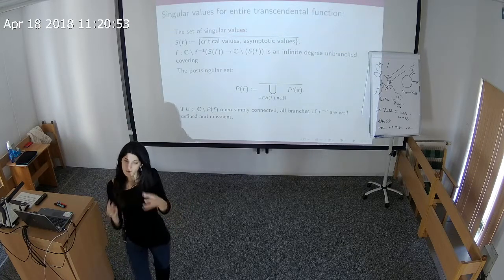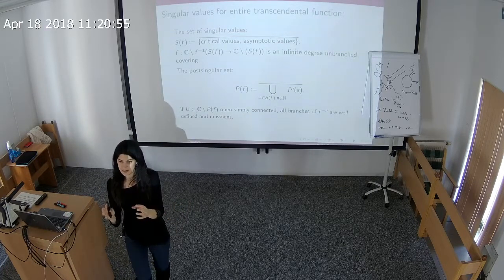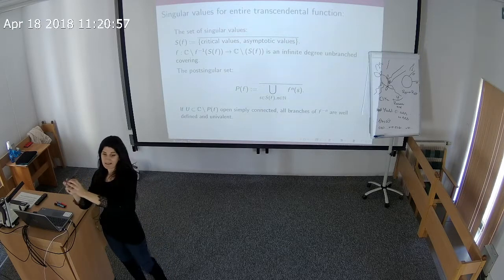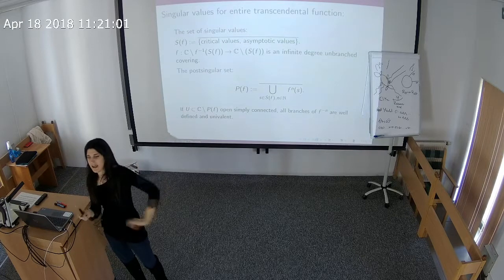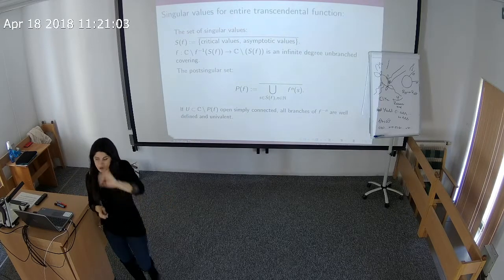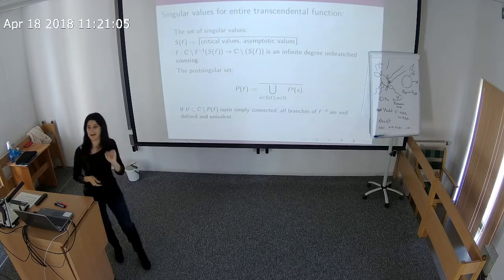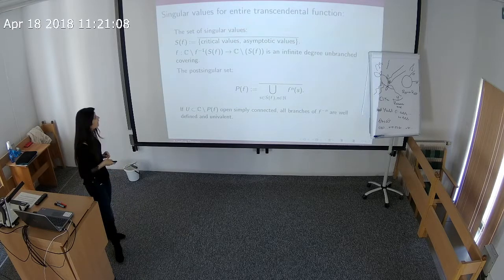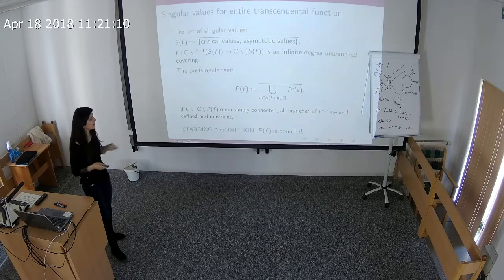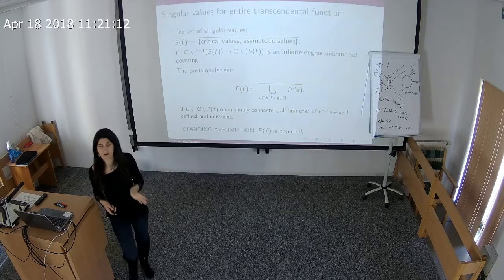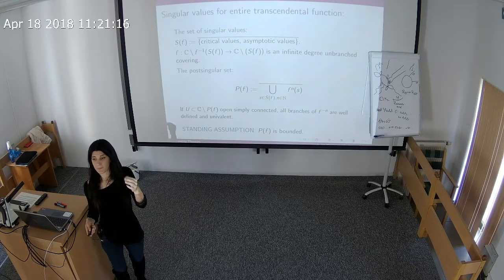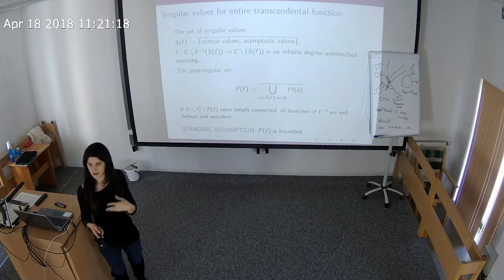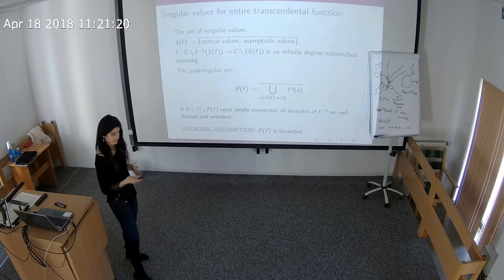But if your postsingular set is, for example, bounded, and you are outside the postsingular set, this means that you take a simply connected set. This means that you can take as many preimages as you want, and you know that the preimages are always well-defined and univalent. So our standing assumption for today is that the postsingular set will be bounded, because we will really use this ability to take preimages in the complement of the postsingular set.